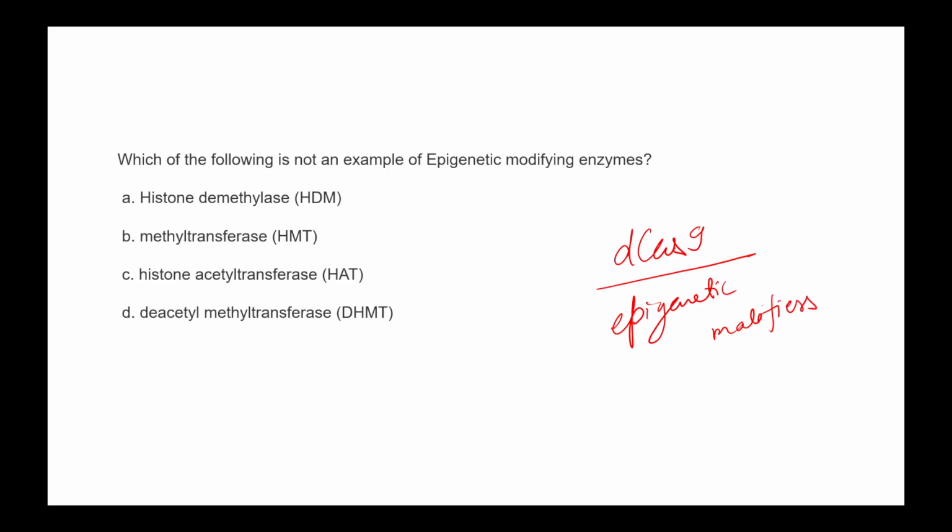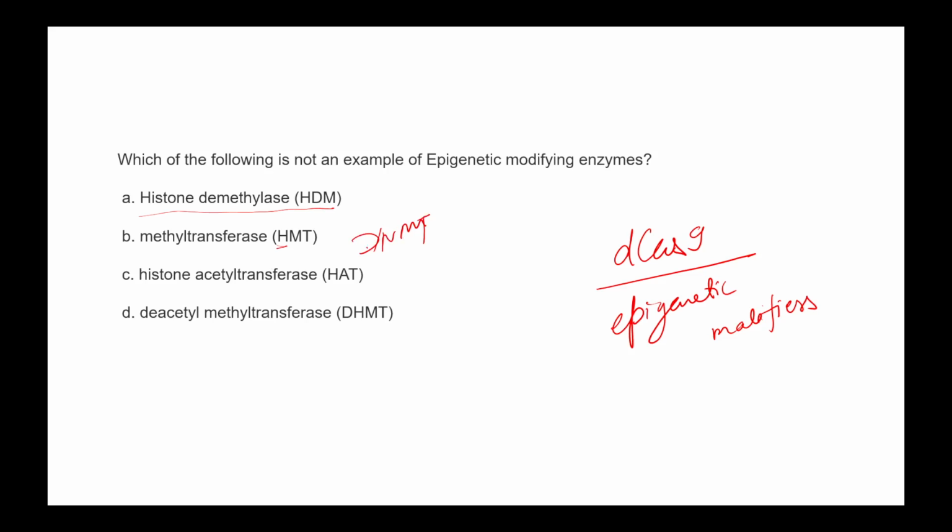Okay, so which is not an example of an epigenetic modifier? The first one is histone demethylase, which removes the methyl group from the histone. It comes under the epigenetic modifiers. Then you have methyltransferase, H for histone methyltransferase. Similarly, you have DNA methyltransferase, that is DNMT.